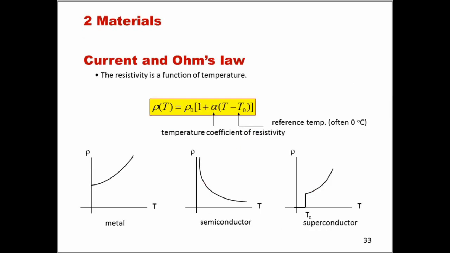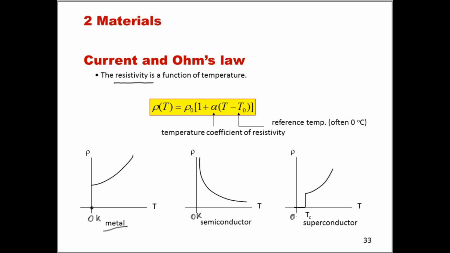Now, it is very important to remember that resistivity, or conductivity, are strong functions of the temperature, and the way they depend on temperature depends on what type of material we are dealing with. If it is a metal, the resistivity will increase with temperature. On these graphs, we are assuming that this is the 0 Kelvin point. If it is a semiconductor, it will decrease with temperature.